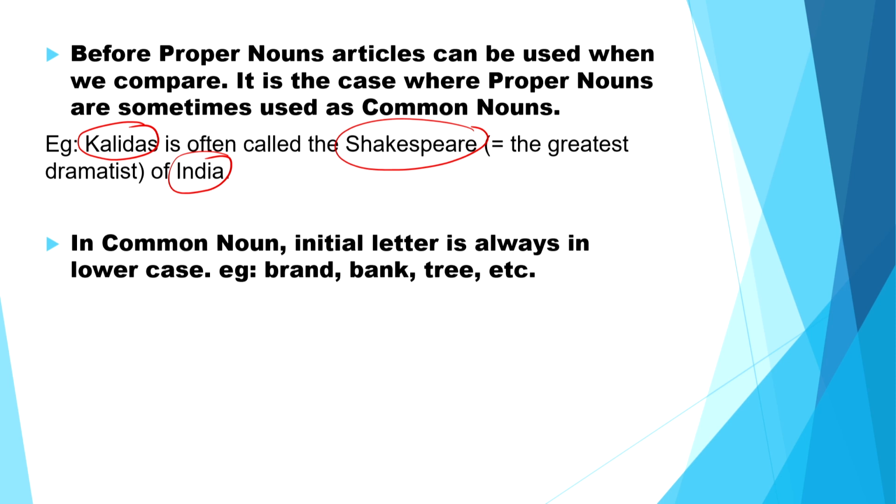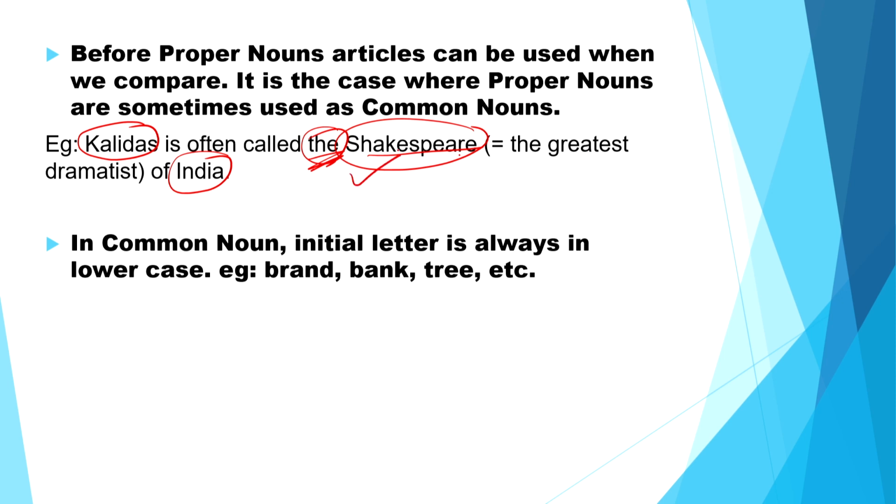As you can see, there is no article used before Kalidas and before India, but before Shakespeare, an article is used. Here, using the article the before Shakespeare means that we are comparing Shakespeare and Kalidas. So, here the Shakespeare means the greatest dramatist, hence it is correct.